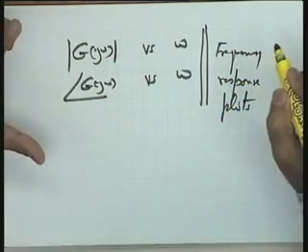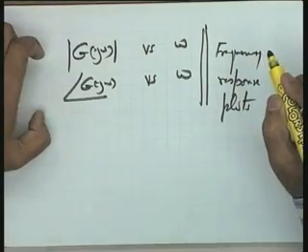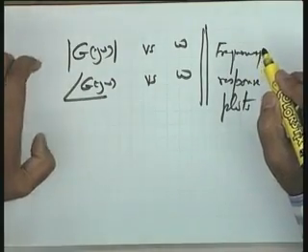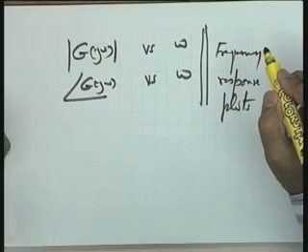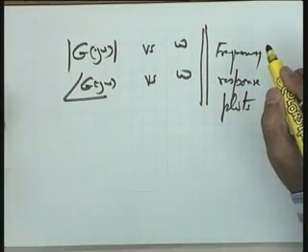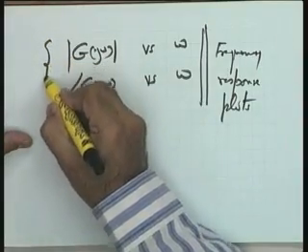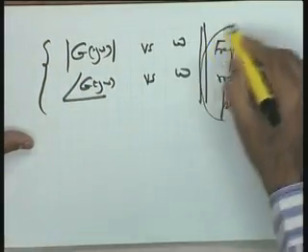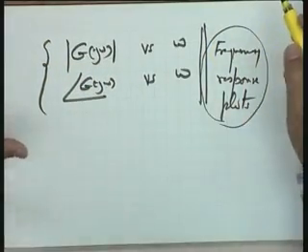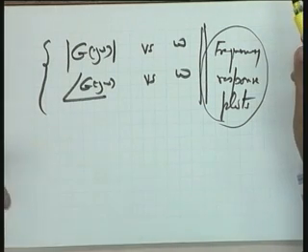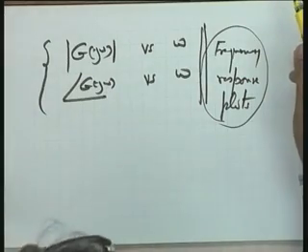I made a mention that this information gives you the output of the system for any sinusoidal input at steady state. So on the face of it, it appears as if this mathematical model, the frequency response of the system, is only a steady state model, which describes the performance of the system at steady state.